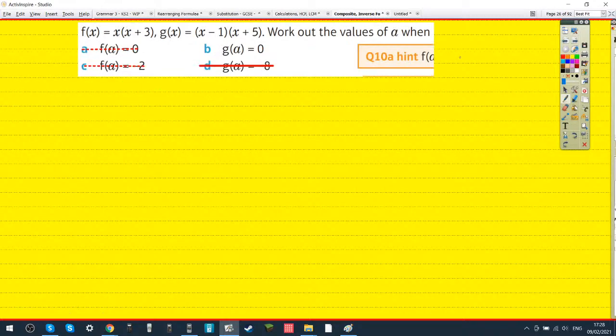Hold on. Let's try this one. Question B. G of A equals 0. So to figure out what G is, that would be x equals, so x minus 1 and x plus 5.